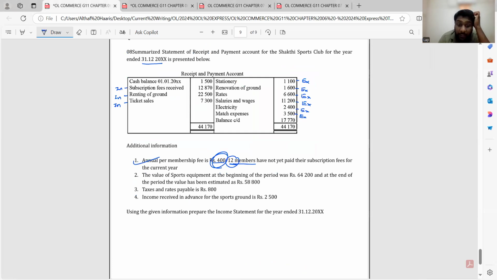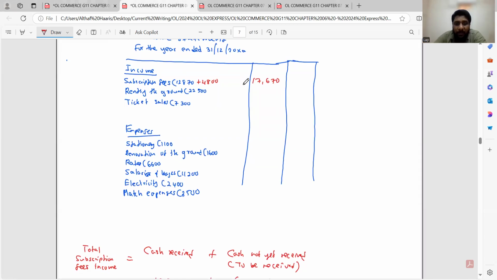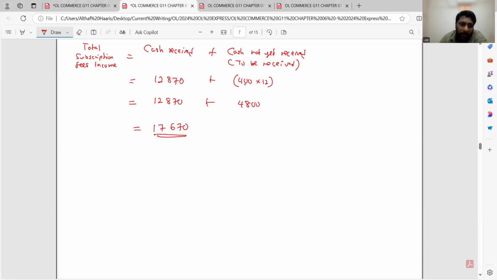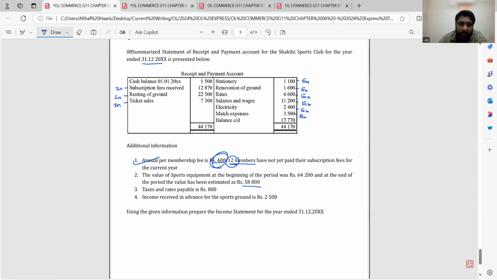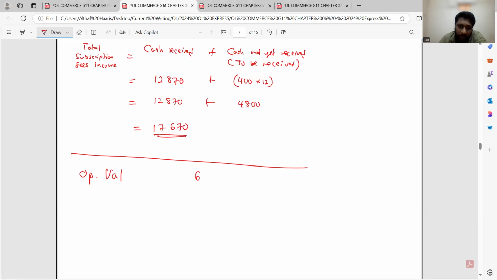The value of the sport equipments at the beginning was 64,200. End of the period value has decreased to 58,800. So what has happened, people? Opening value 64,200.